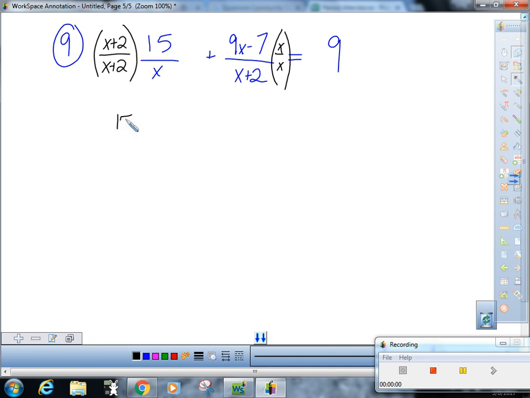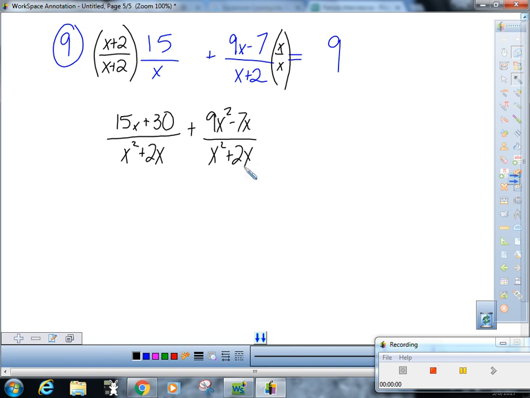You get 15x plus 30 over x squared plus 2x. That's right. Distribute, distribute, distribute, distribute. Plus 9x squared minus 7x over x squared plus 2x.